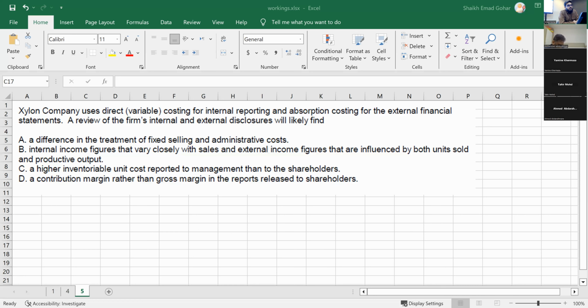In variable costing, the selling and administrative cost is considered a period cost. But in absorption costing, it's a product cost. Think again.